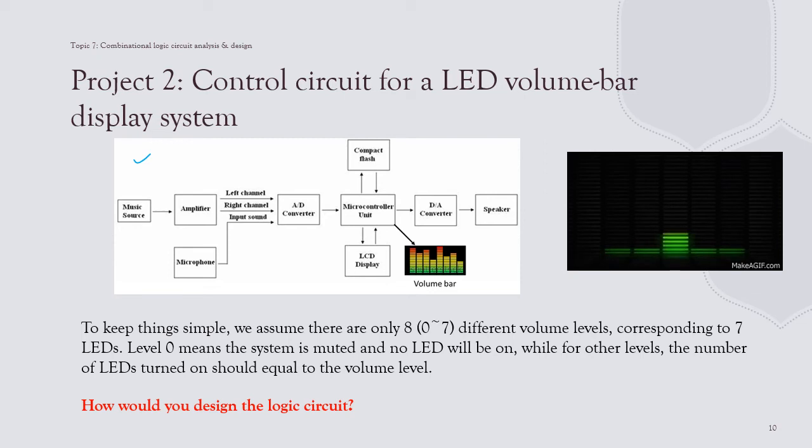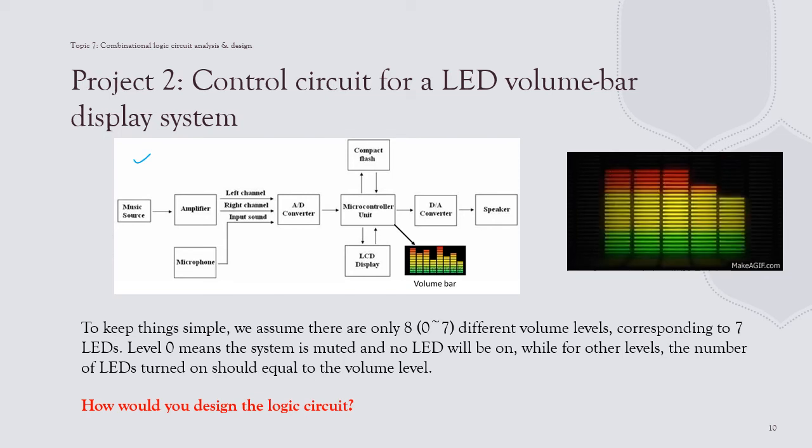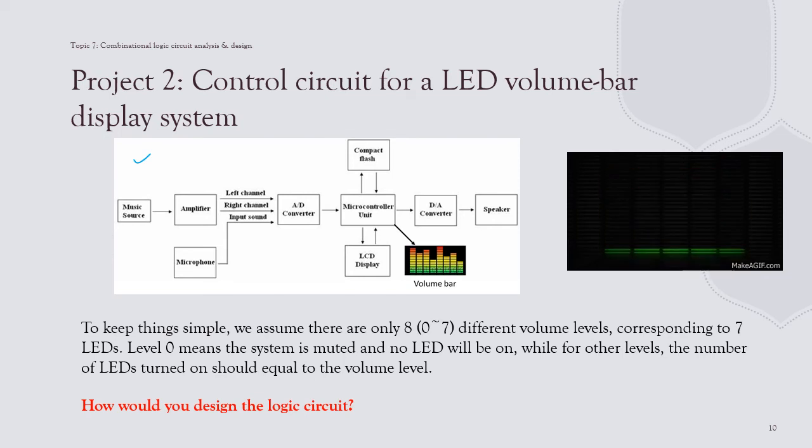Okay, and if there is video, we can also have an LCD display to show the video, and we have some memories to store some information if needed. So after everything is processed, it is sent to a DA converter. So now we convert digital signal to analog signal again, and the analog signal will go through a speaker.